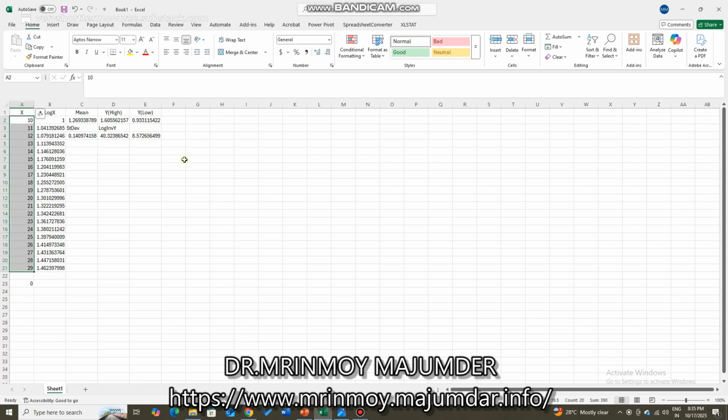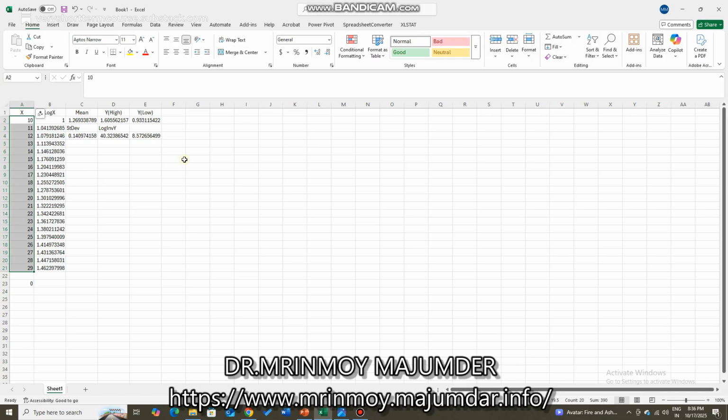Okay, so if any value was more than 40.323, suppose 41, 42, 43, you have to delete it. If any value was less than 8.572, suppose 7, 6, 5, you have to delete those values. But mind it, for the higher value, if you are finding 40.32 as the higher limit and you have some values like 42, 43, first compare them with the historical values of that data.